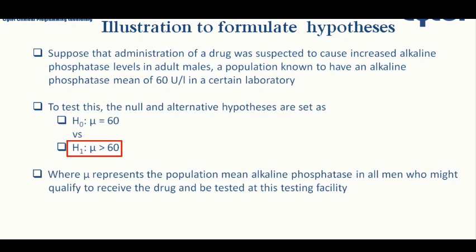So, if you write this as mu not equal to 60, then it becomes a two-tail test. We are considering mu greater than 60. So, we are sure that either this H0 is true or H1 is true. There cannot be anything else as being true. So, what to do next? We have formulated the hypothesis.